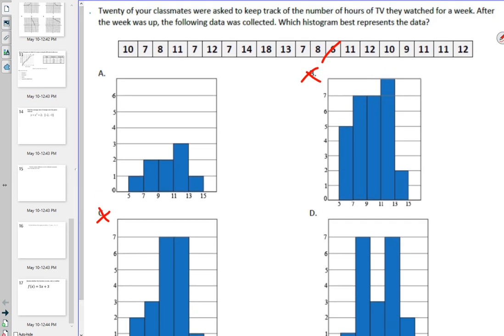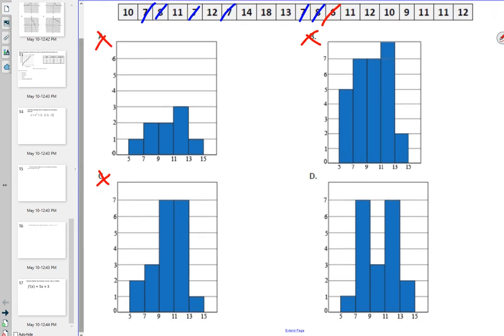Sevens and eights. I have 1, 2, 3, 4, 5, 6. It's six. This one here doesn't have six, sevens, and eights. Did I miss one? 1, 2, 3, 4. Oh no, okay. Wait, there was six, but why does this have seven?